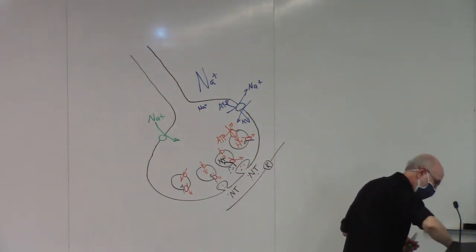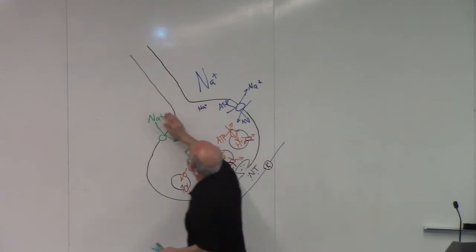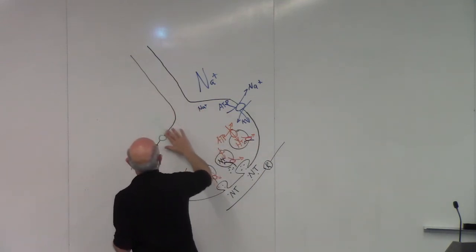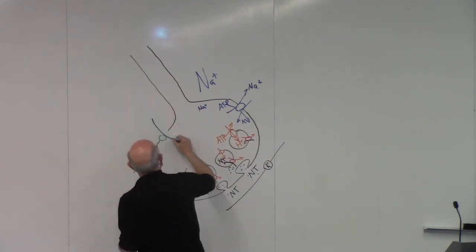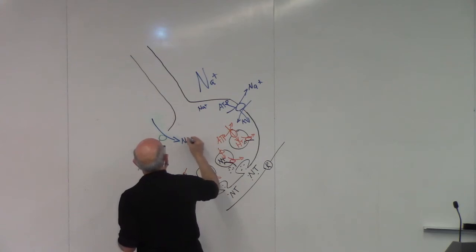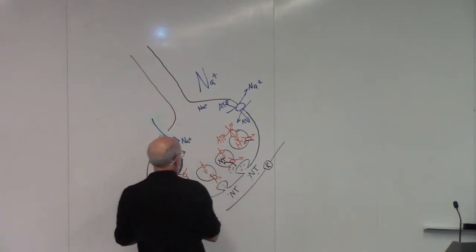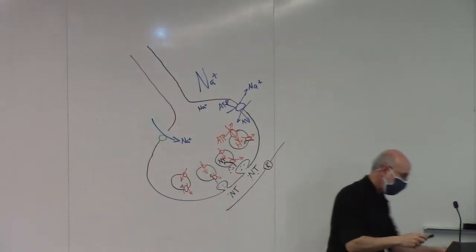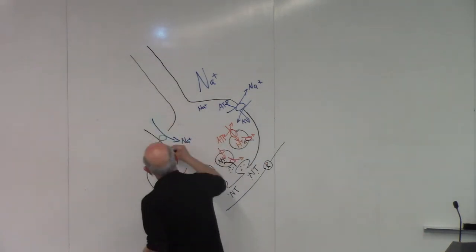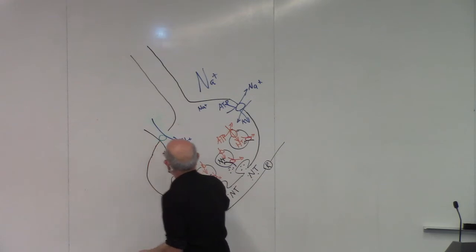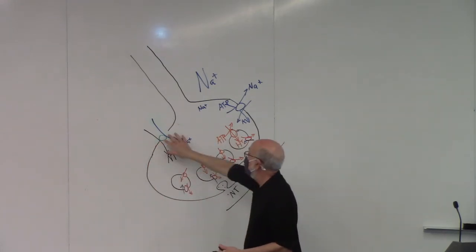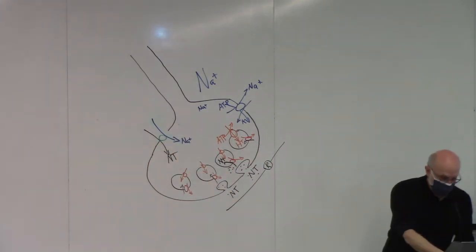I'm going to try to be obsessive about this. My neurotransmitters are black. Sodium neurotransmitter cotransport. It's here, but okay, let's put them where they belong.